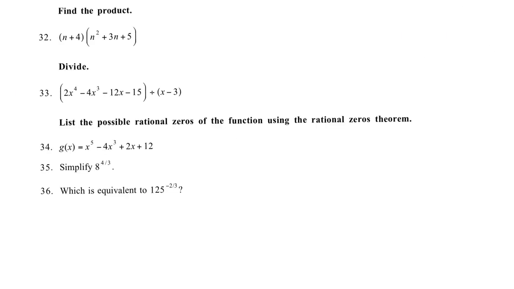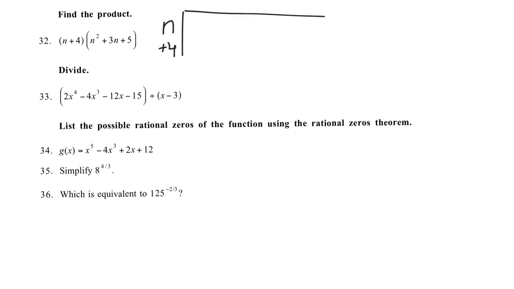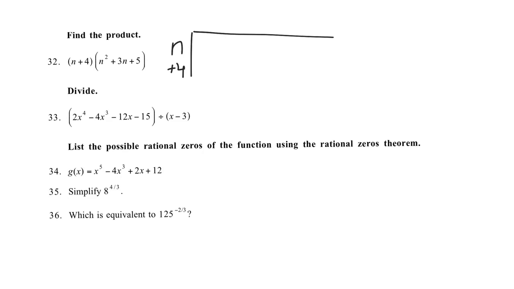Okay, find the product of n plus 4 times n squared plus 3n plus 5. There's lots of ways to do this. Some people like to do the array, n plus 4. And then here we'd write n squared plus 3n plus 5.